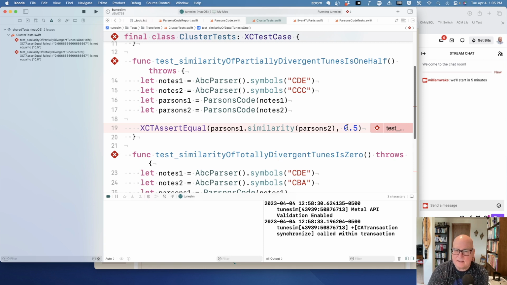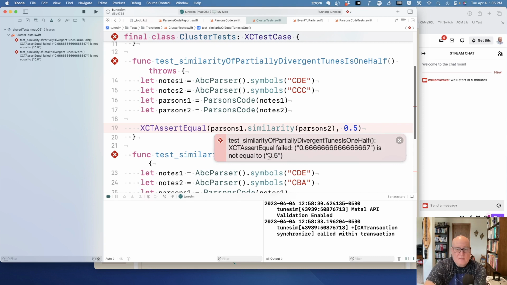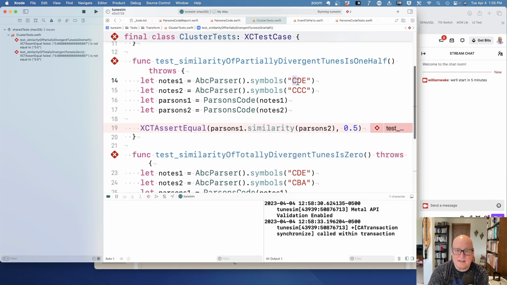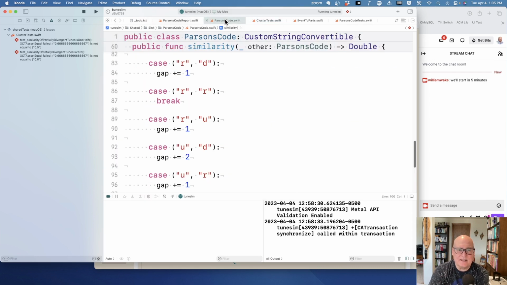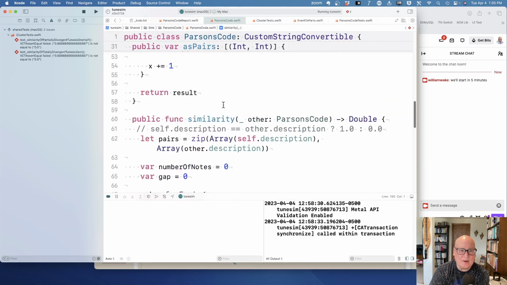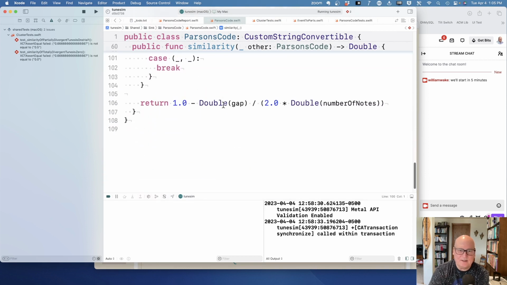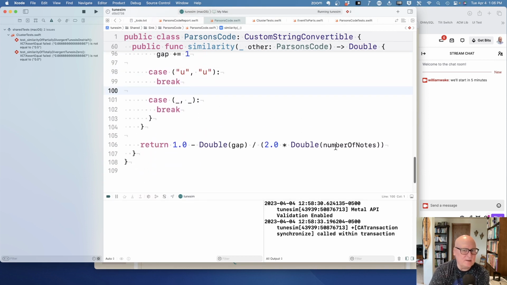What we're getting is 2/3. Since we only have 3 notes, that tells me something's going on probably at the beginning. I'll admit I peeked enough to know. It's this number of notes thing.